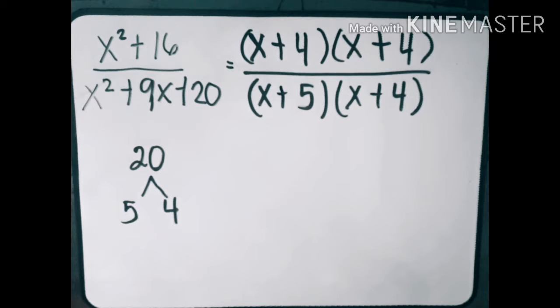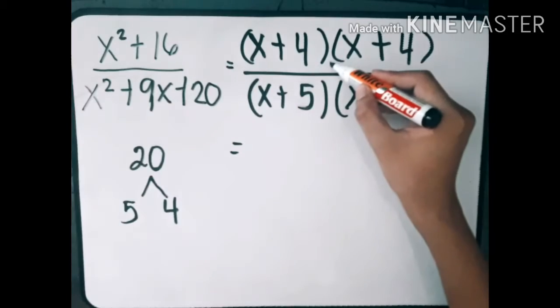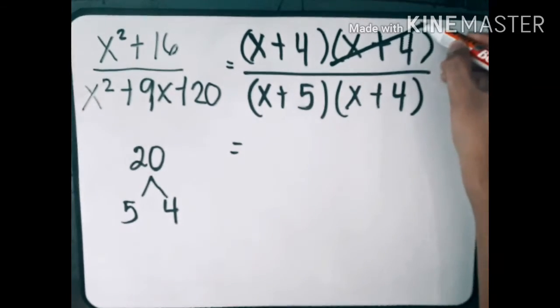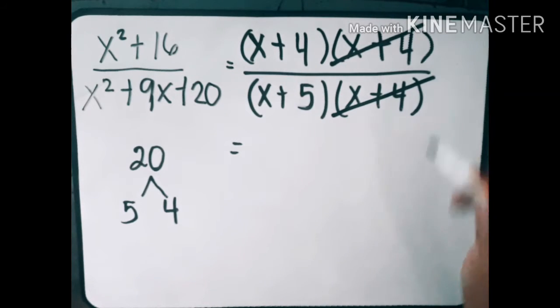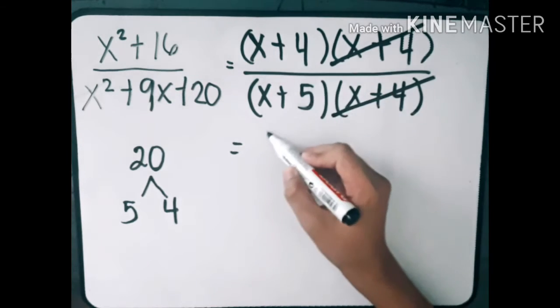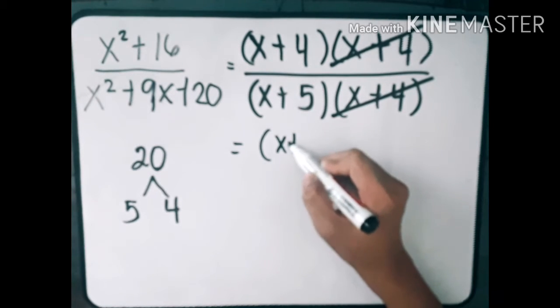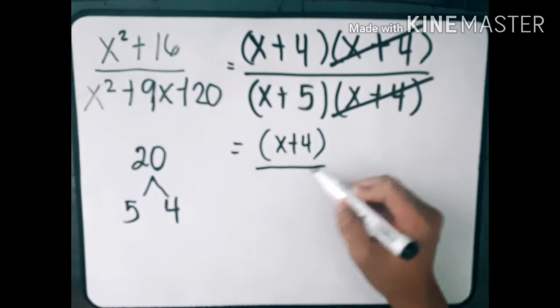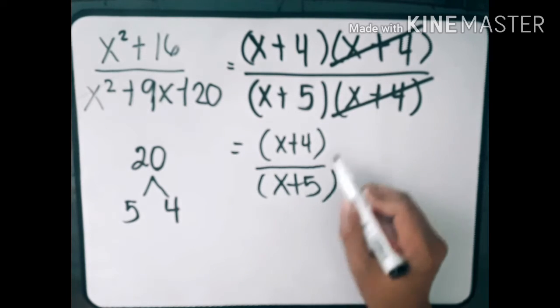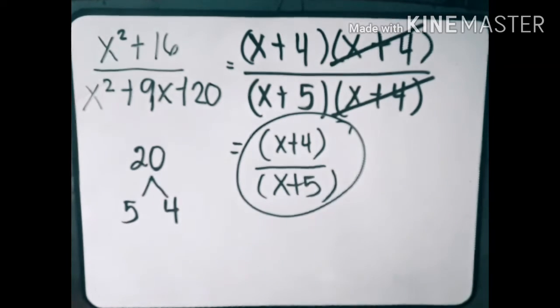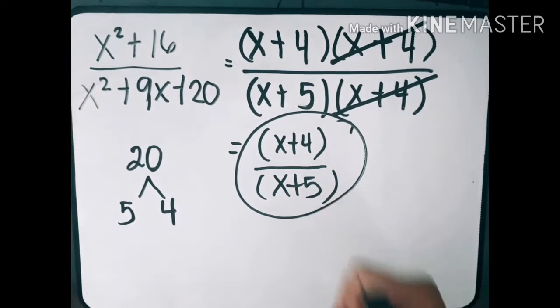Since na-factor na natin siya, cancel out natin yung magkapareho. So kung magka-cancel ka sa numerator, make sure na ika-cancel mo rin yung nasa denominator. So ang matitira na lang natin is x plus 4 over x plus 5. Okay?